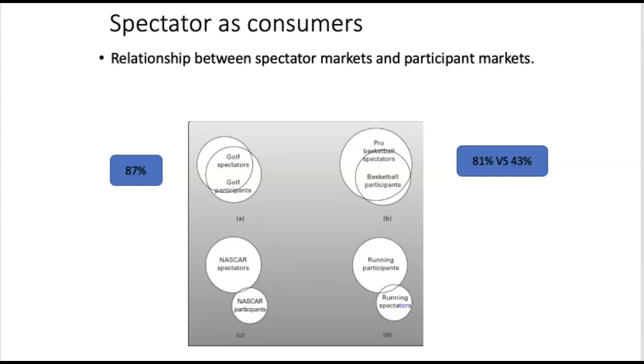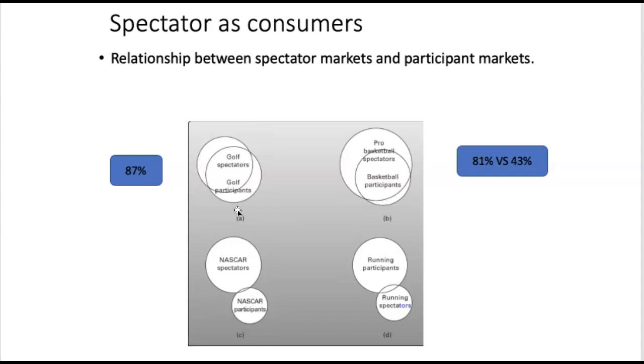You find a lot of people, although they watch sport, don't normally participate in sport. Right. One example is golf, for instance. There is a big overlap between golf spectators and golf participants. They say about 87% of people who watch golf also play golf in their daily time. Right.